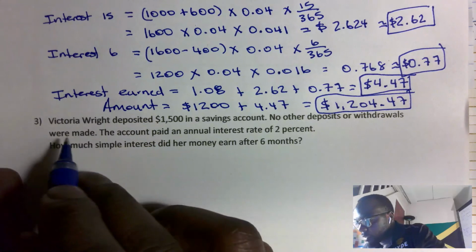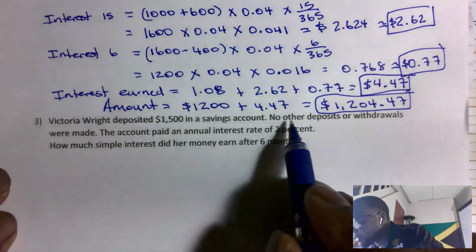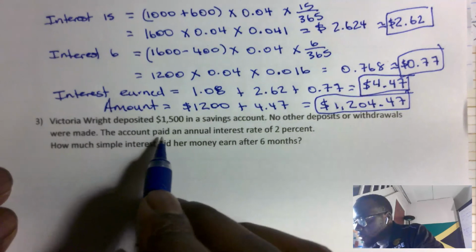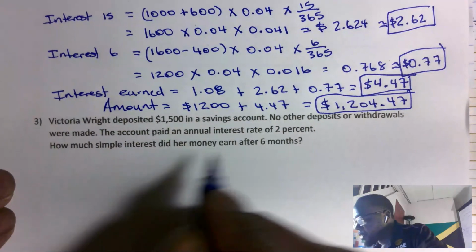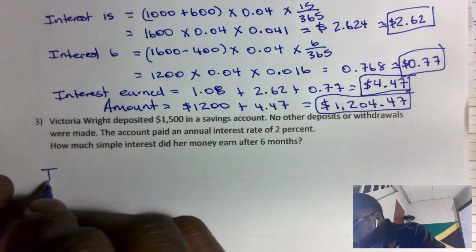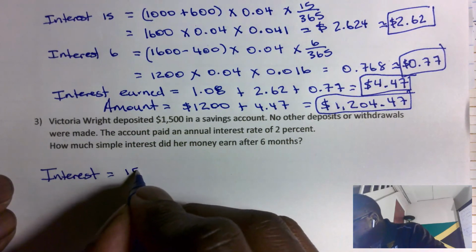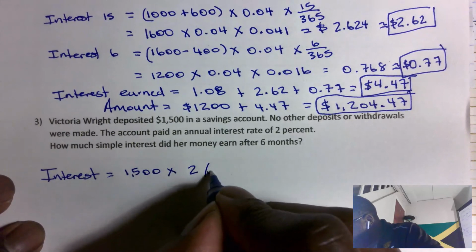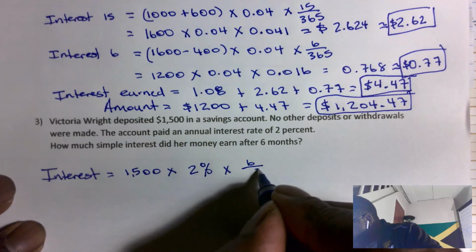So here it says that Victoria deposits $1,500 in a savings account. No other deposits or withdrawals were made. The rate paid on interest is 2%. How much did she earn after 6 months? So interest is equal to 1,500 times 2% times 6 months over 12 months.